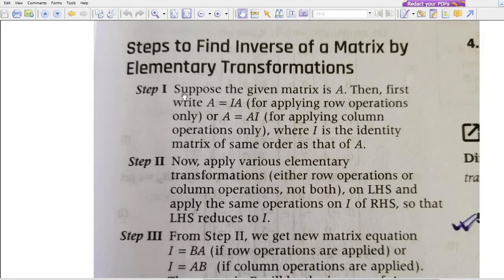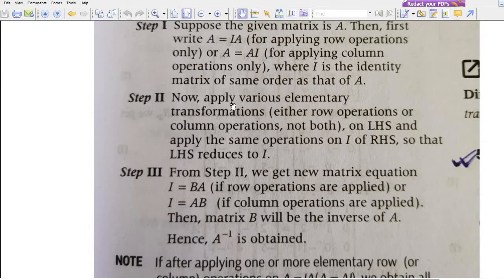Step 1: suppose the given matrix is A, then first we write the matrix in the form A = IA, where I is the identity matrix of the same order as A. Step 2: apply various elementary transformations, either row transformations or column operations, on both the left hand side and right hand side, so that the left hand side reduces to I.